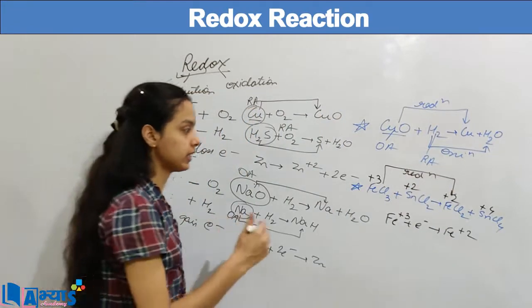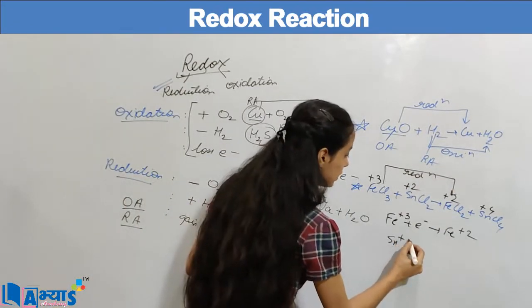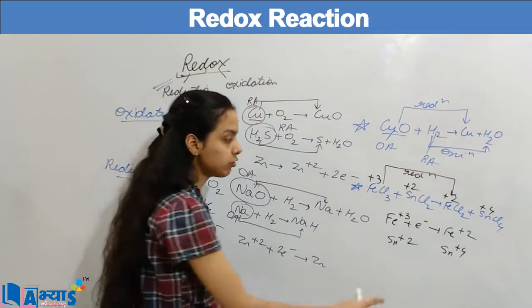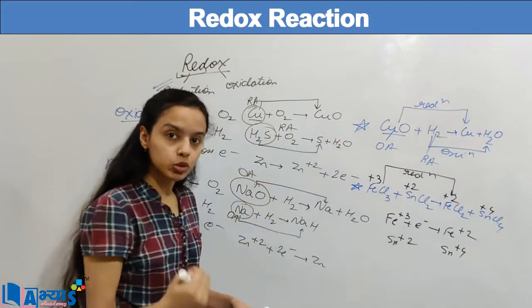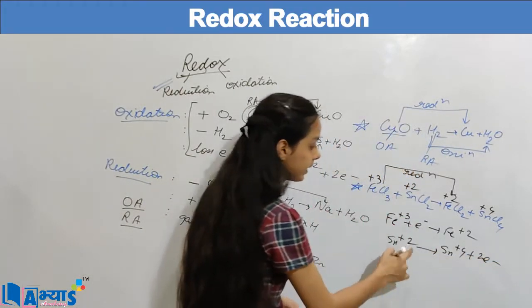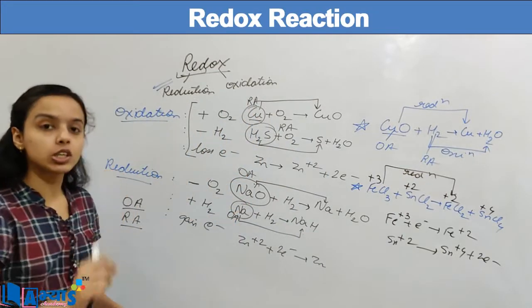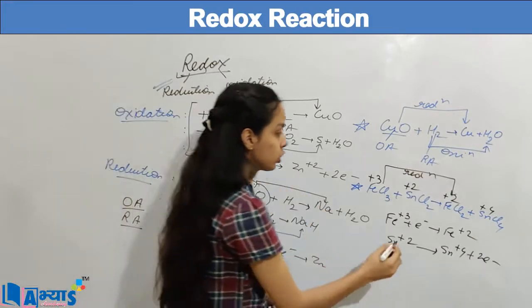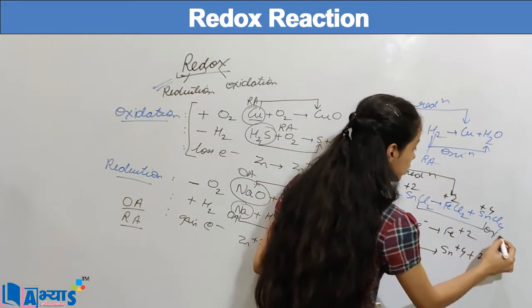Now in the opposite case, I have tin +2 and I want tin in the +4 state. That means there is removal of 2 electrons. Removal of electrons means oxidation. So it is undergoing oxidation.